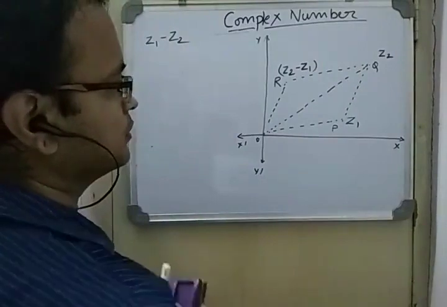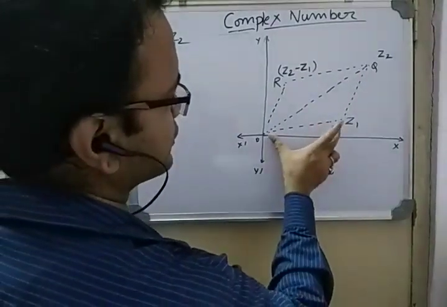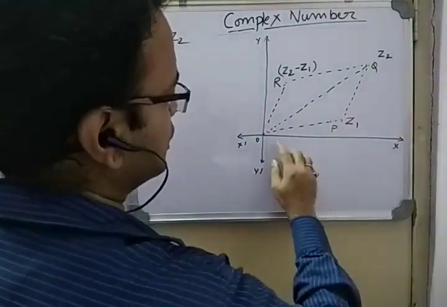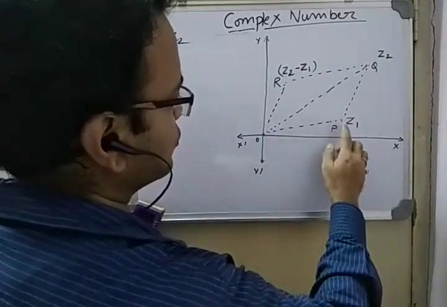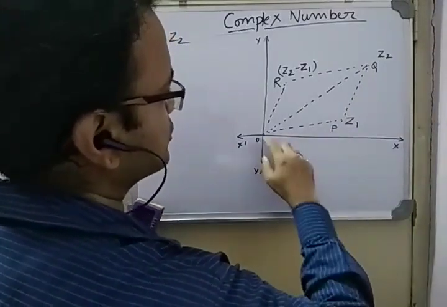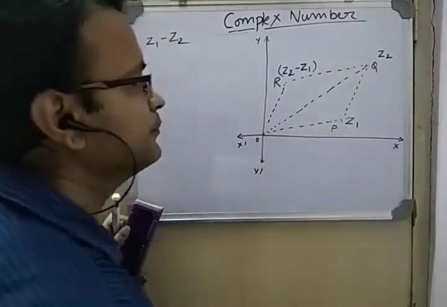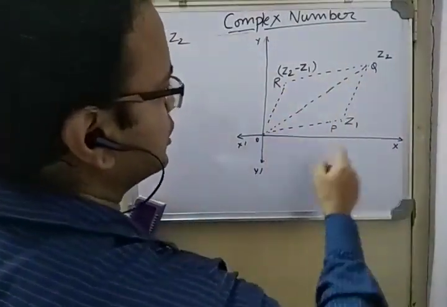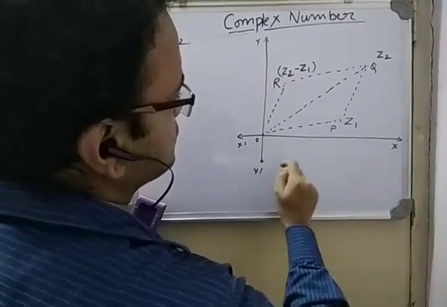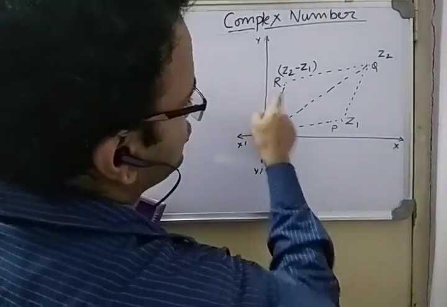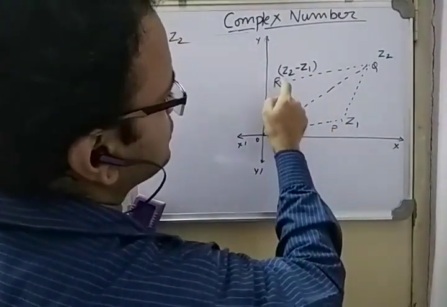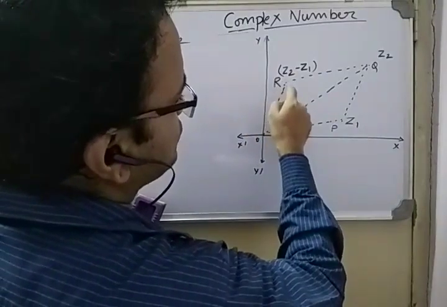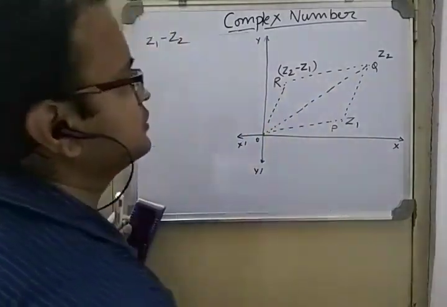It is simple. Suppose you have point Z1 and point Z2. Taking OP as one side of the parallelogram and OQ as the diagonal, just complete the OPQR parallelogram. So R, the opposite point of P, represents Z2 minus Z1.